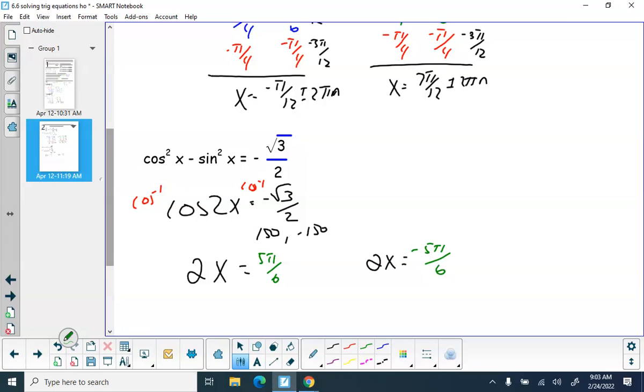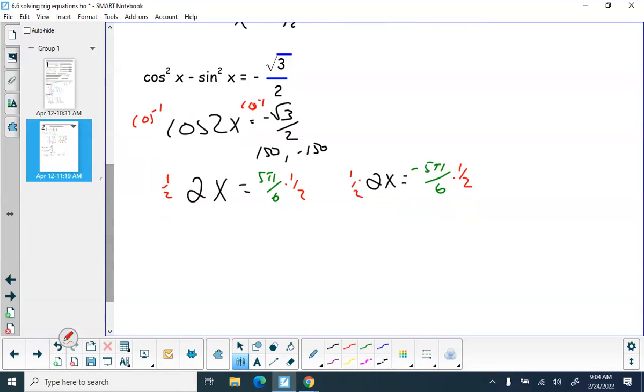Now we can think of this as dividing by 2, or we can multiply both sides by what? Multiply by a half, and that might be easier to work with here. So we can multiply both sides by a half. That will give us 5 pi over 12 plus or minus, or negative 5 pi over 12 plus or minus.